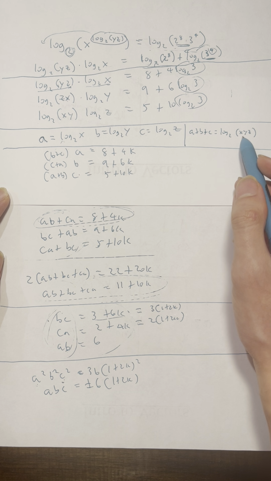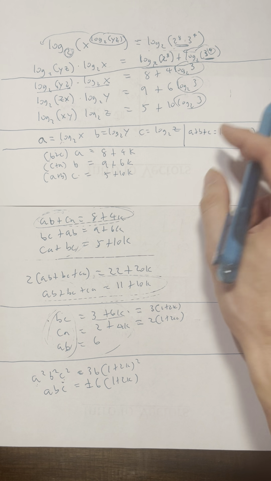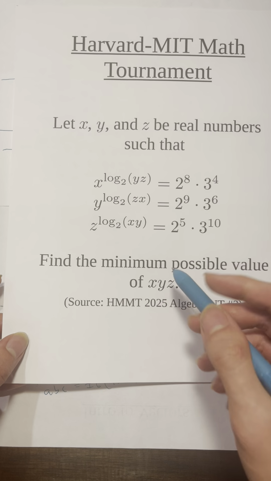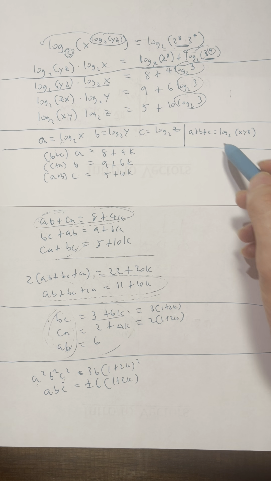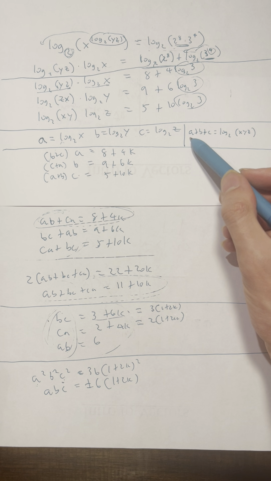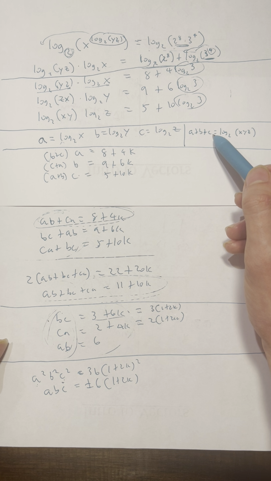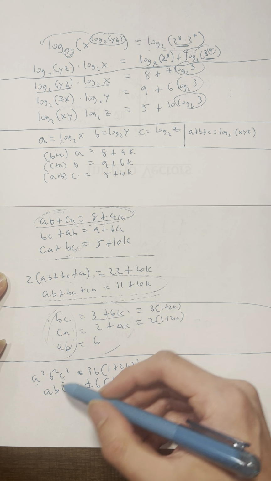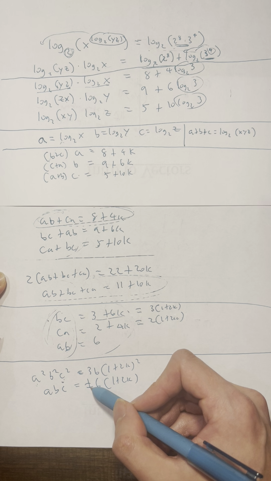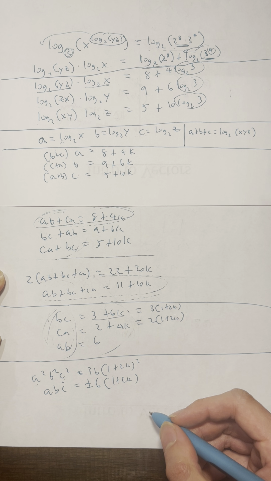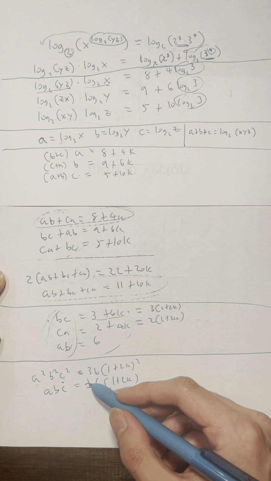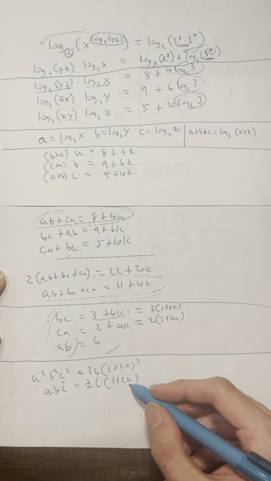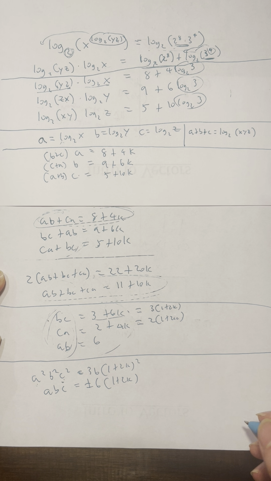So if we want to minimize xyz, then that means we would have to minimize A plus B plus C. And so should we take the positive or negative? Should we do positive 6 times 1 plus 2k or negative 6 times 1 plus 2k?